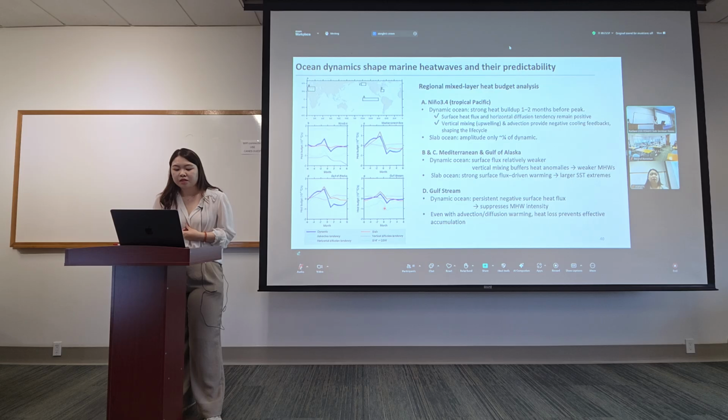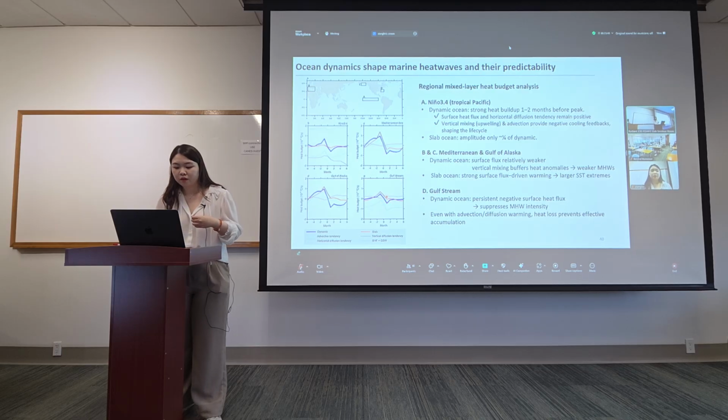At the same time, we still have advection and diffusion bringing some heat into the ocean, but it cannot accumulate effectively. So the extremes are dampened in the dynamic ocean compared to the slab one.